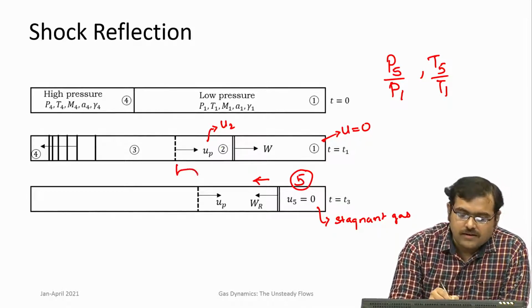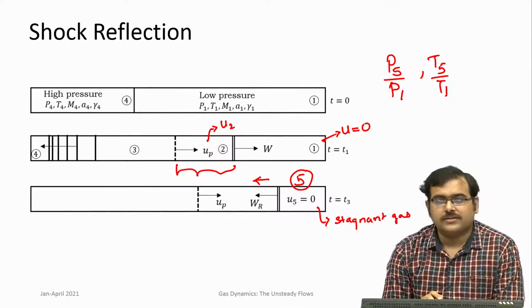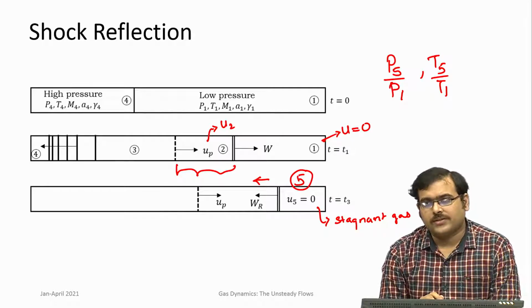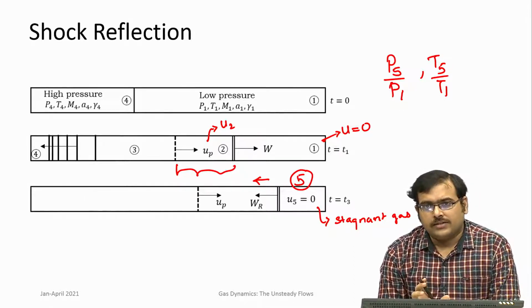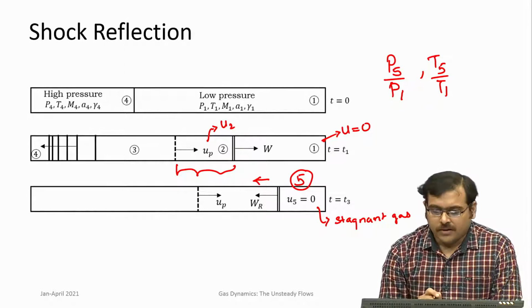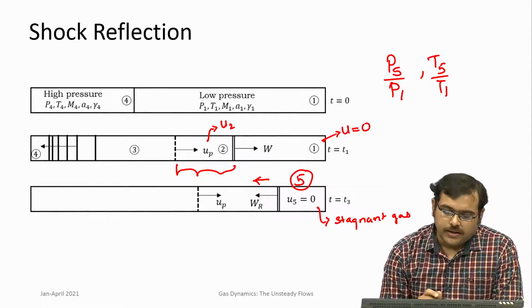So this is the slug of gas which is useful for testing, and since these processes happen very fast, and the flow is always supersonic, these shock tubes produce typical testing times which are very short, of the order of milliseconds.